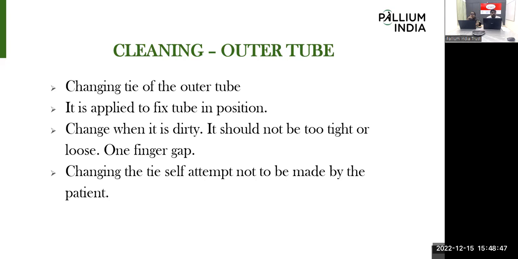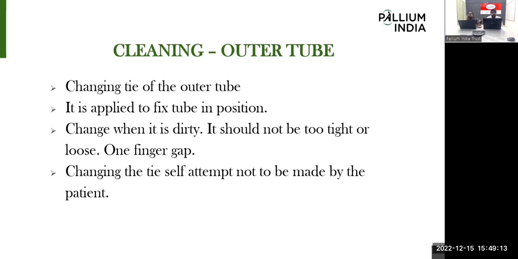Whenever the old tie is dirty, we can change it. After tying, ensure there is a one finger gap between the tie and the neck. Otherwise, if it is too tight, it will irritate the stomal area and cause suffocation for the patient.